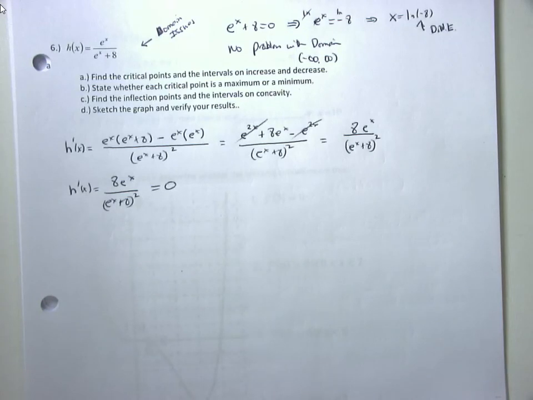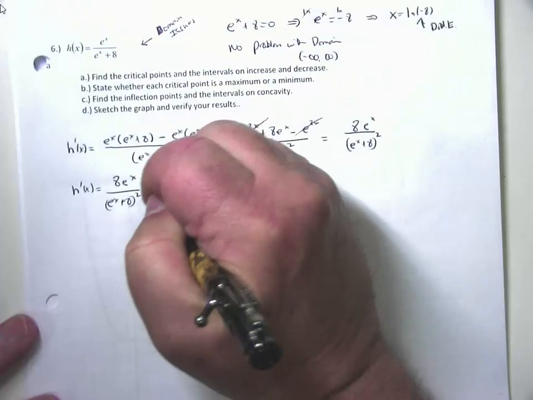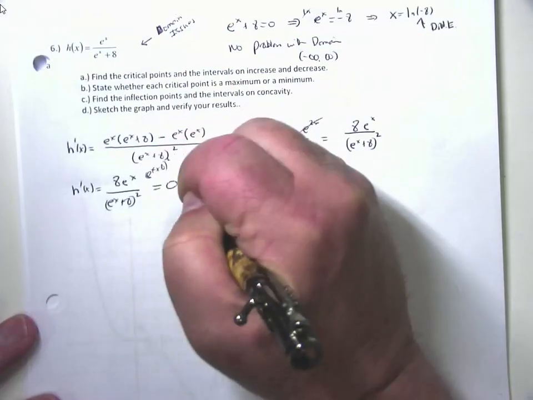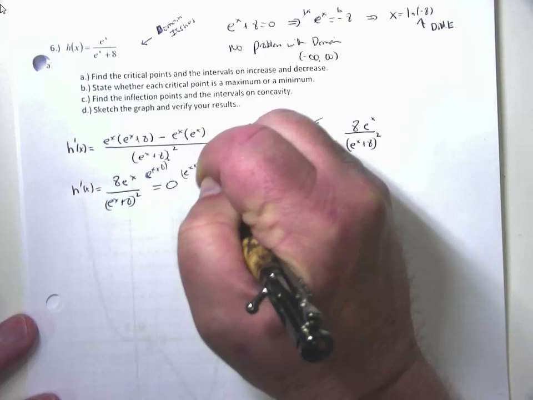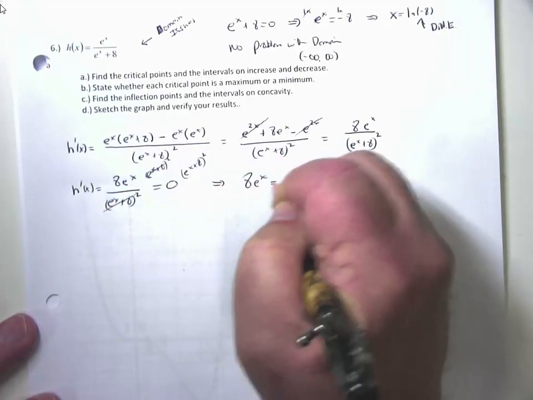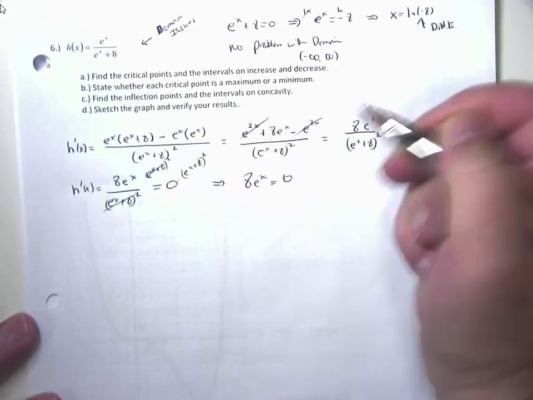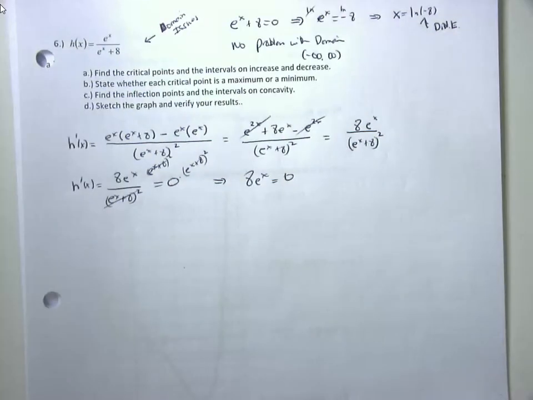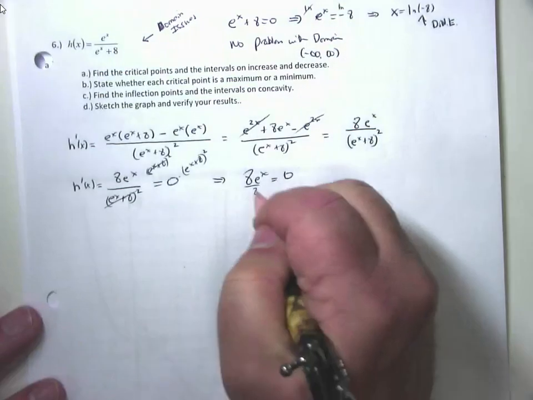When I have a fraction equal to 0, what are you going to do next? Multiply both sides by your denominator. Clear denominators. So I'm going to multiply e to the x plus 8 squared on both sides. Here it cancels, leaving me with 8 e to the x equals 0, because 0 times anybody is 0. It pretty much knocks your denominator completely away. Divide by 8, no problem there.